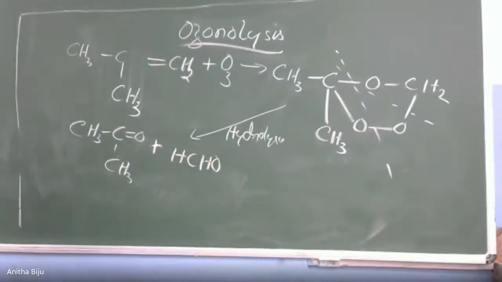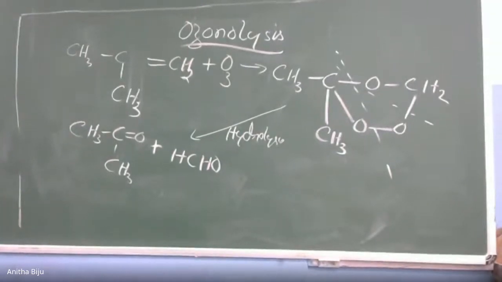So this is the reaction that takes place if we use a side chain alkene. Got it? If we use a side chain alkene, we get one ketone and one aldehyde.